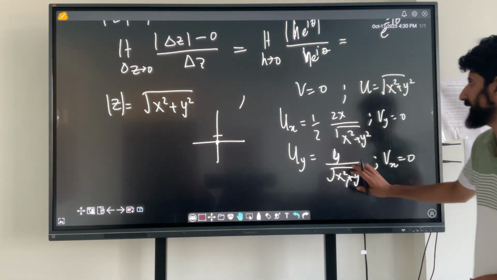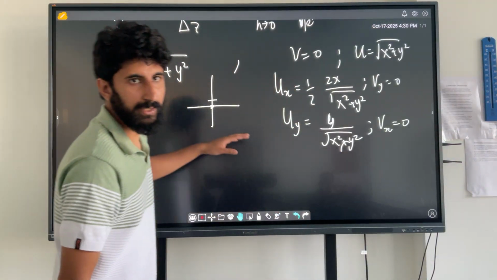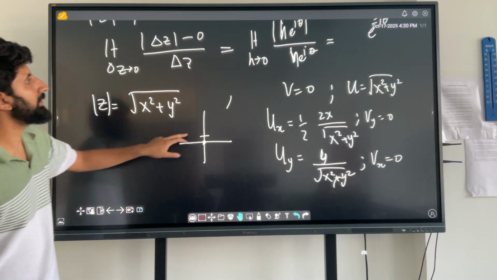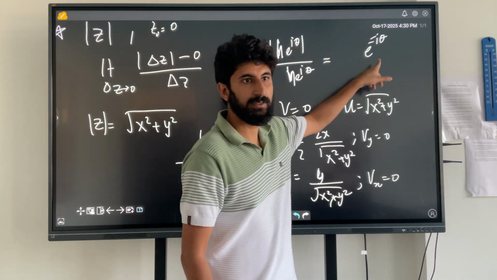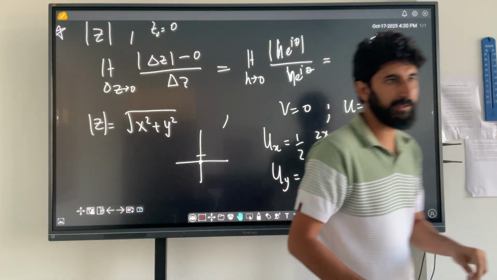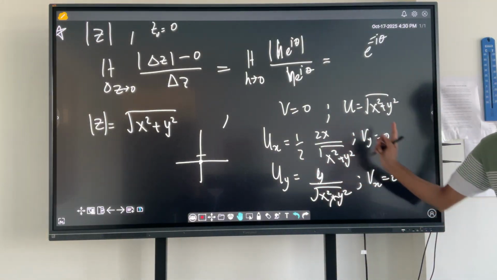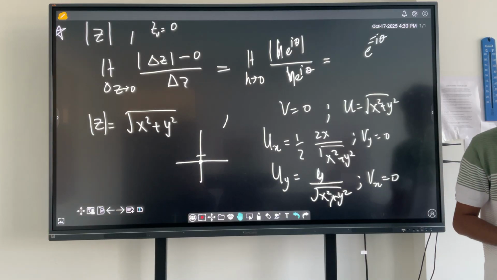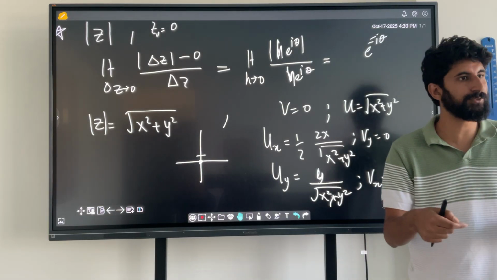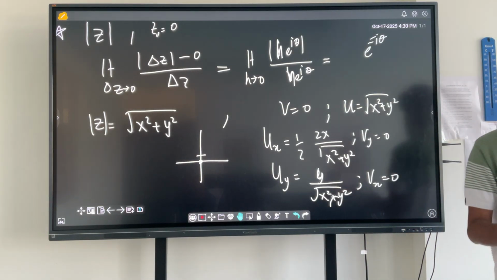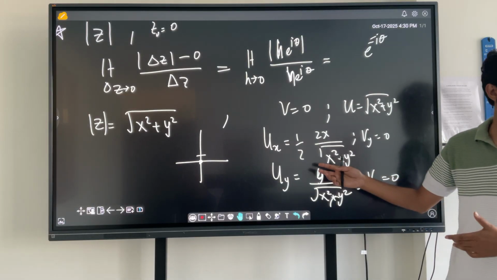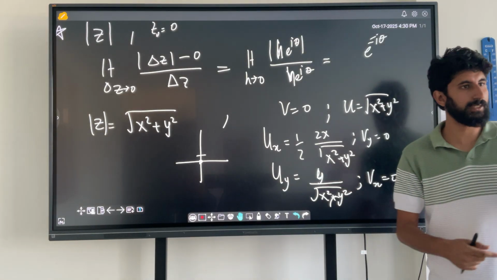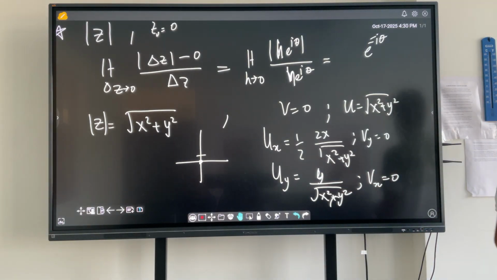Let's save this. But you see, the reason you got this weird thing is that if you go one way, like if you take delta x going to 0 first and then delta y to 0, you get a different answer than taking delta y to 0 first.